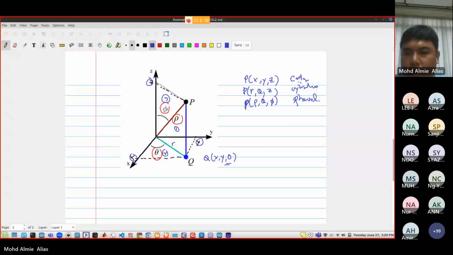So Cartesian and cylindrical are not much different, but spherical is probably almost totally new. Because you have two angles describing a point.